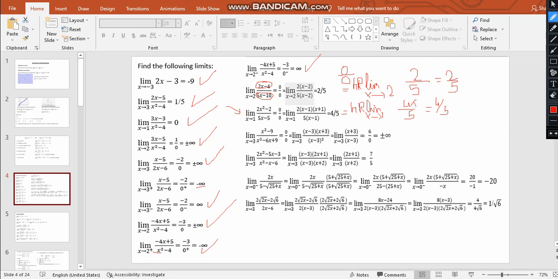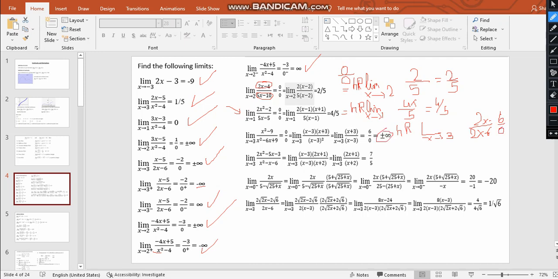Either you factorize or we apply L'Hospital's rule. So we say it's limit as x tends to 3. We do the derivative up, it's 2x over 2x minus 6. Replace by 3, you're going to get 6 over 0. A number over 0 is plus or minus infinity.